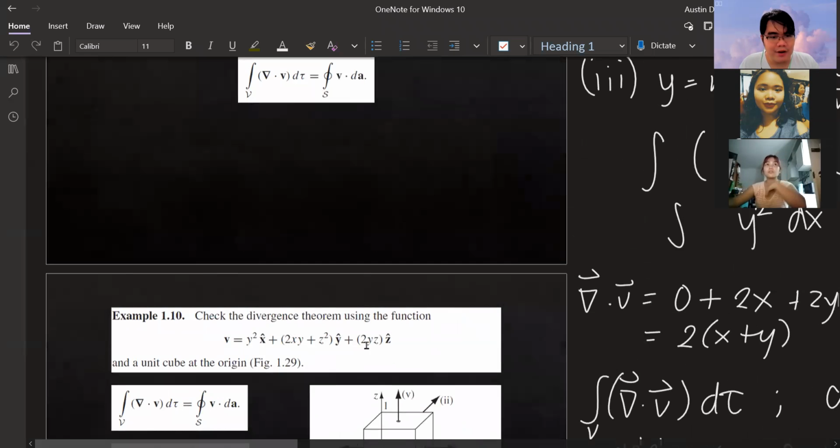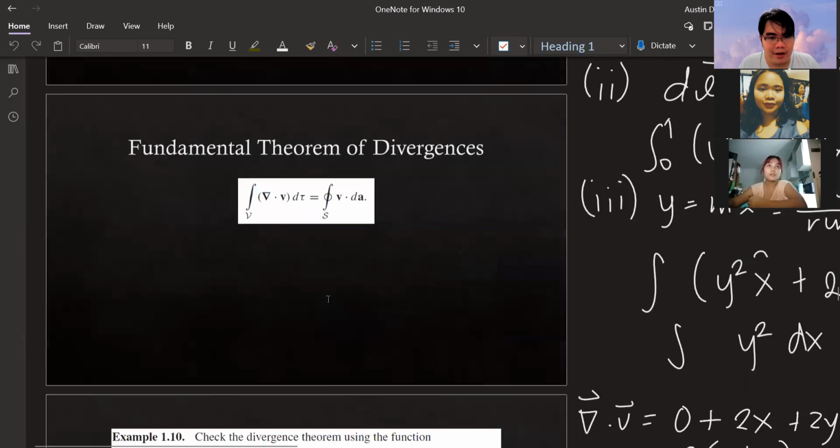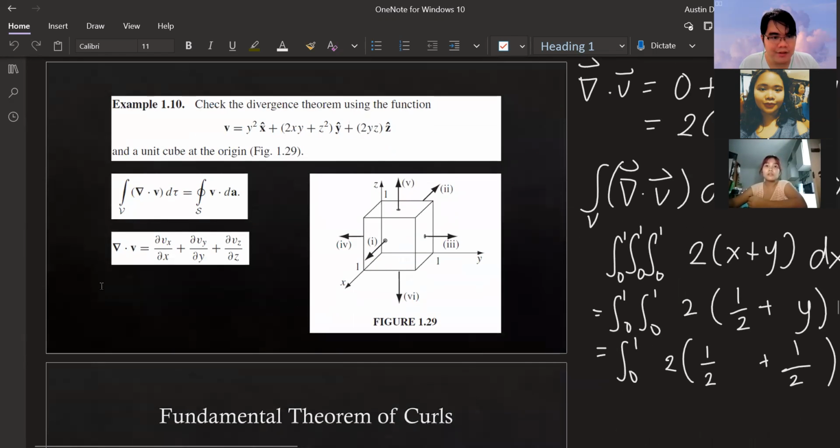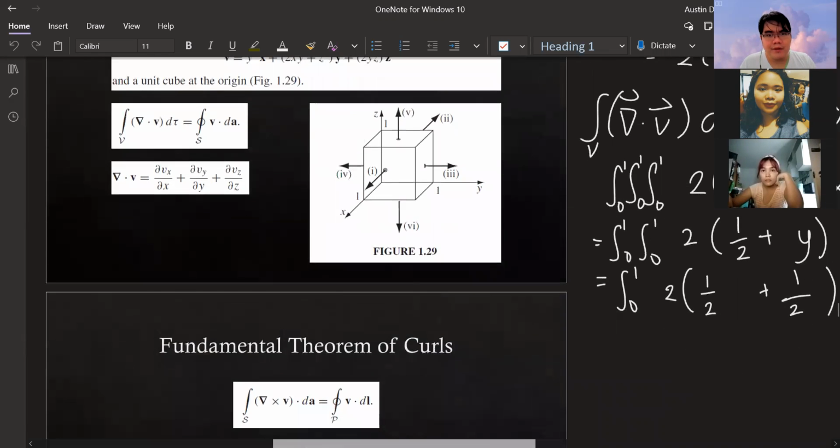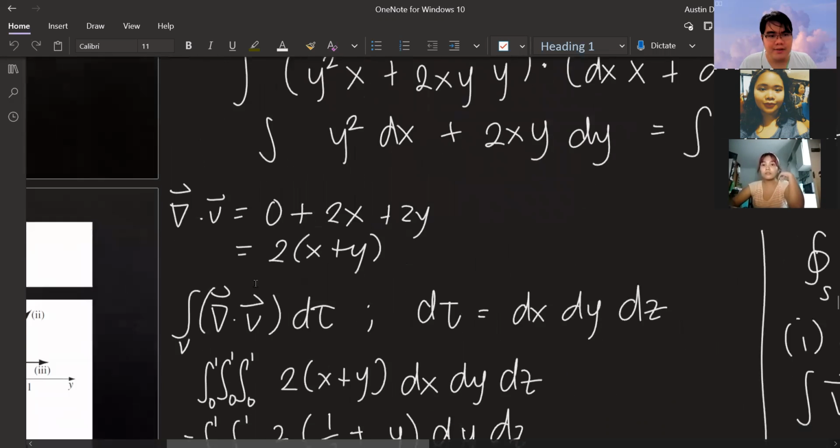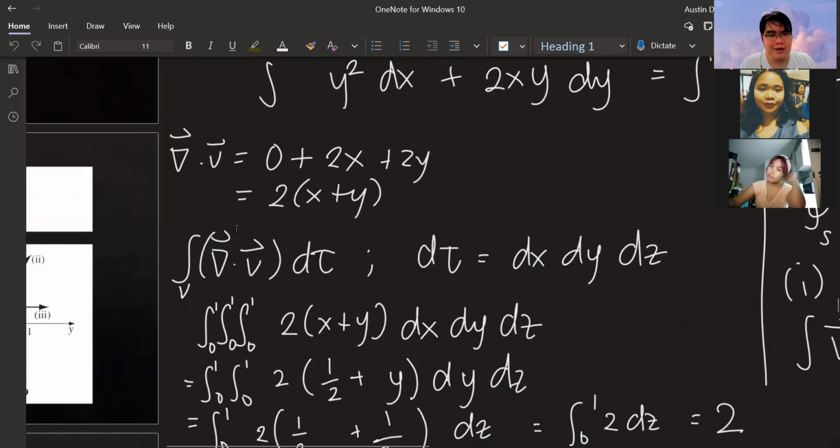Okay. So last time we are studying the divergence theorem and we ended up dun sa right hand side ng equation natin. So yung left hand side nagawa natin. Very simple lang yung left hand side kasi yung divergence ng V is very straightforward.